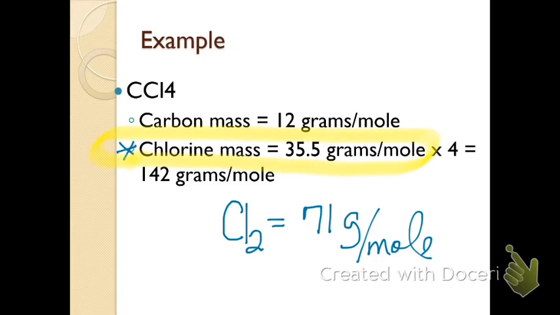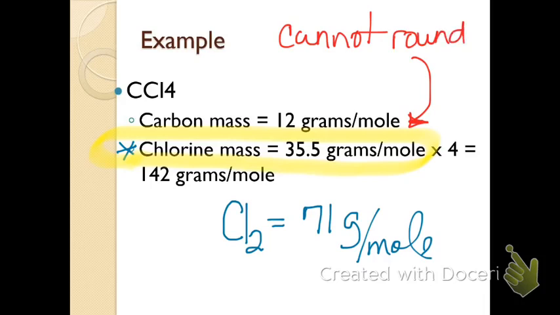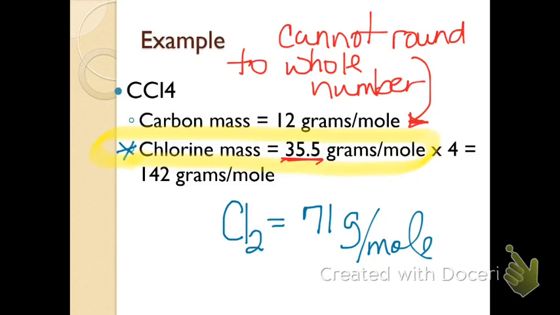Let me make this in red so we can understand this a little better. Chlorine, you cannot round to a whole number. You can only round it to 35.5 grams per mole. So look at chlorine on your periodic table.